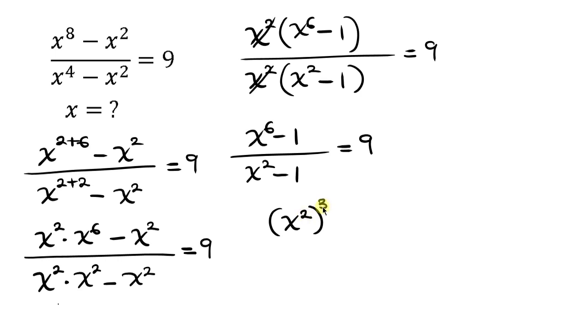So 2 times 3 is 6, minus 1, all over, now the denominator, we have x squared minus 1, and this is equal to 9. Now notice that 1 is the same as 1 cubed. So from the numerator, we have difference of 2 cubes. Let's go ahead and apply the property of difference of 2 cubes on the next slide.